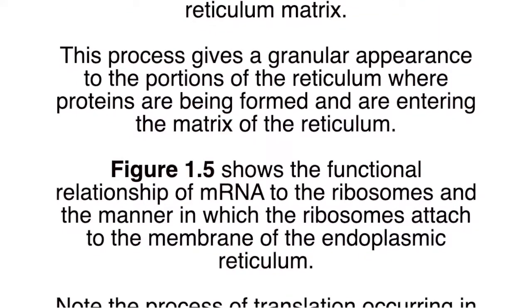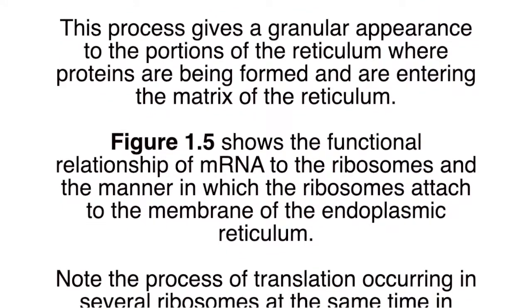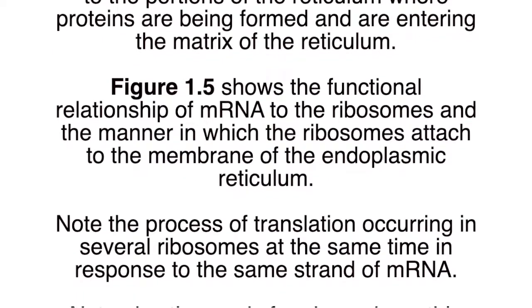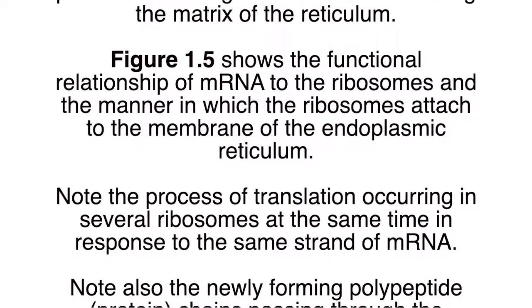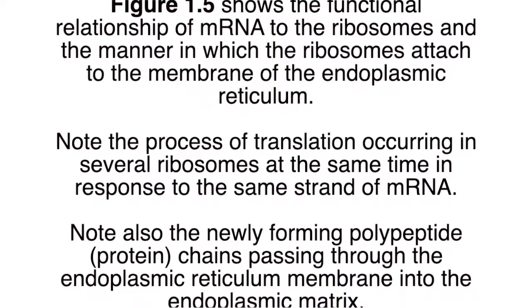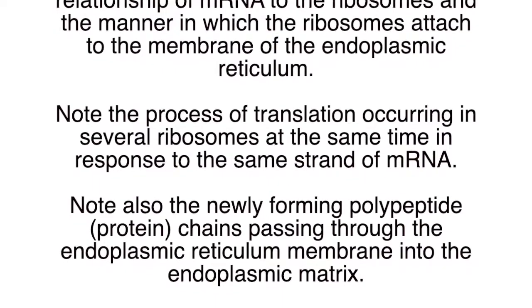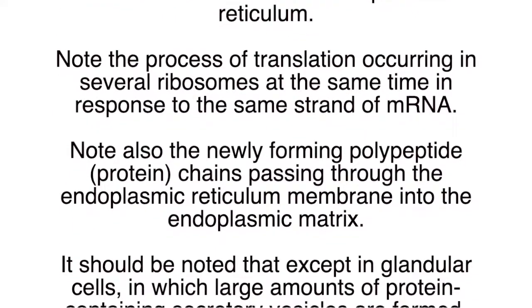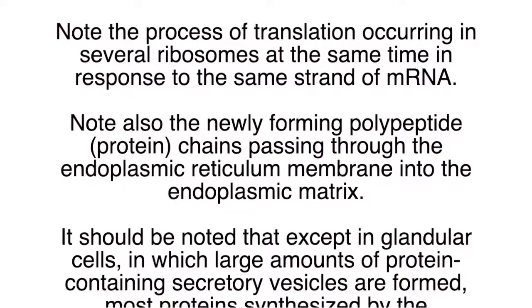Figure 1.5 shows the functional relationship of mRNA to the ribosomes and the manner in which the ribosomes attach to the membranes of the endoplasmic reticulum. Note the process of translation occurring in several ribosomes at the same time in response to the same strand of mRNA.